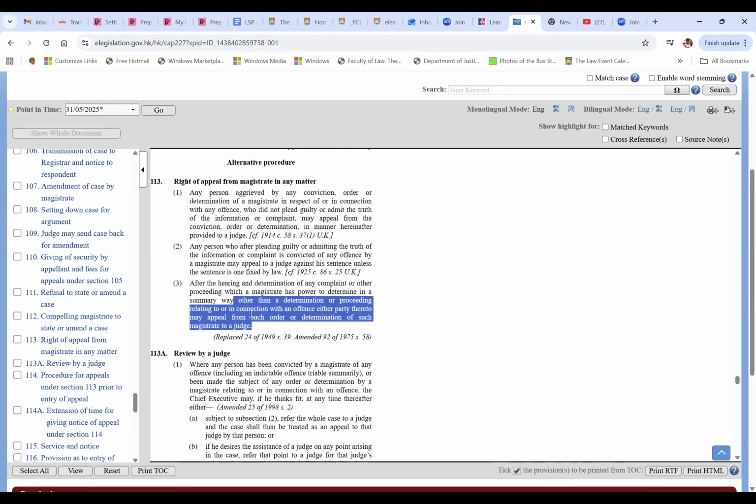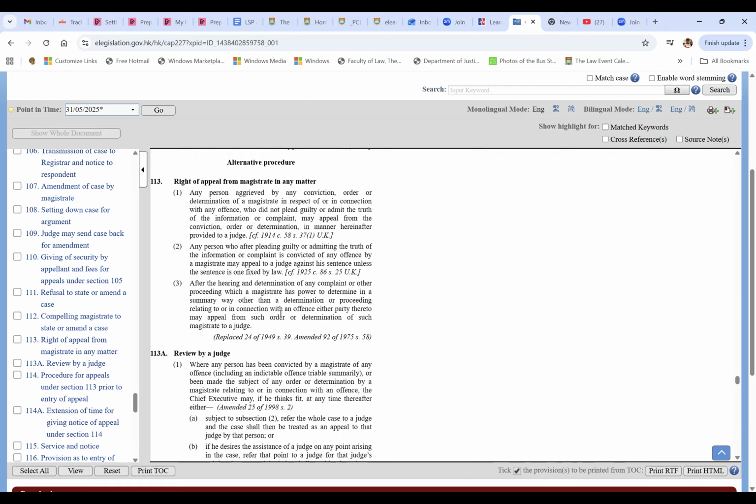Okay? So what does this language mean? Basically it means that the defendant cannot use it to appeal his conviction, nor can the prosecution use it to appeal the defendant's acquittal.